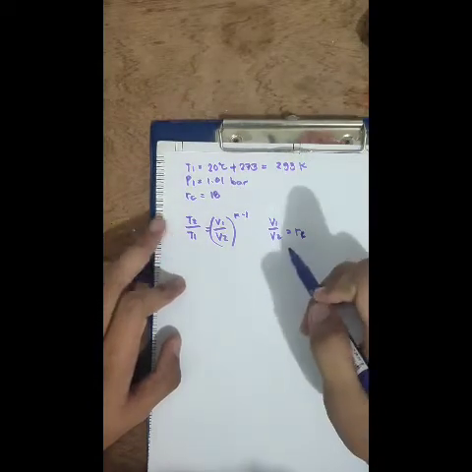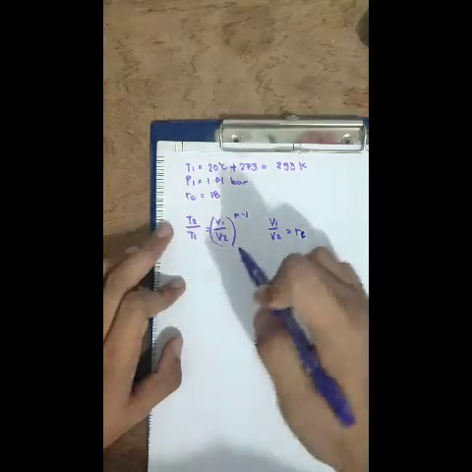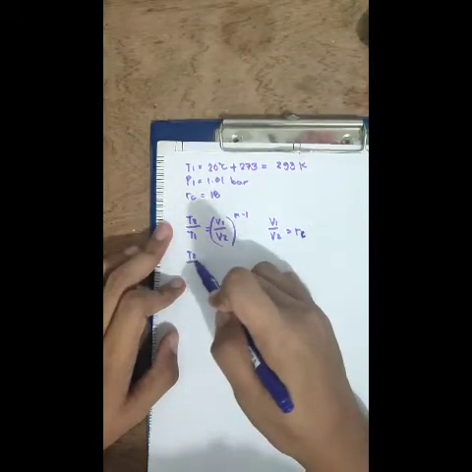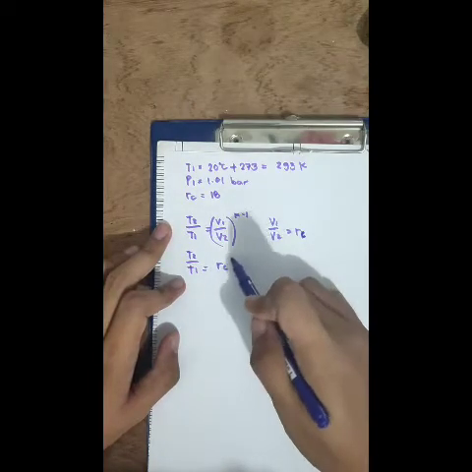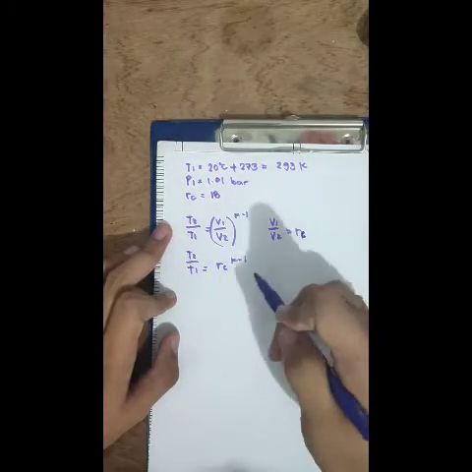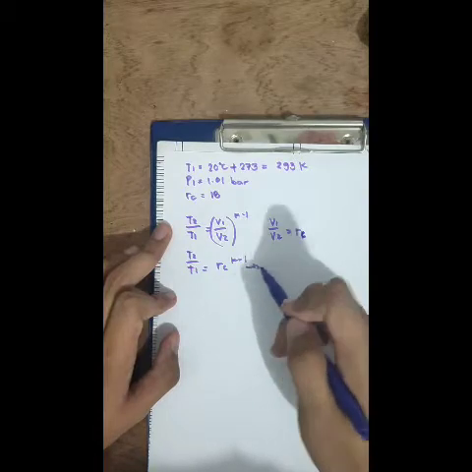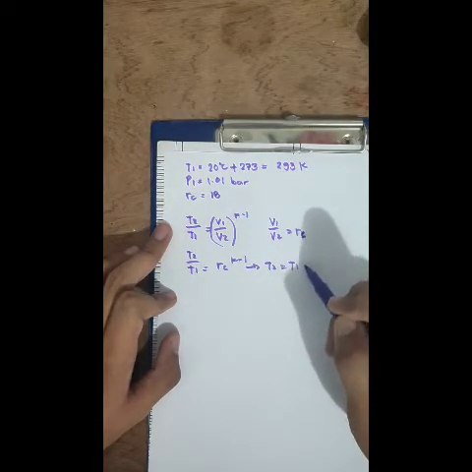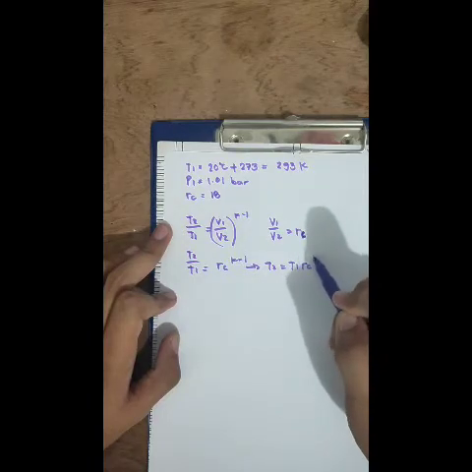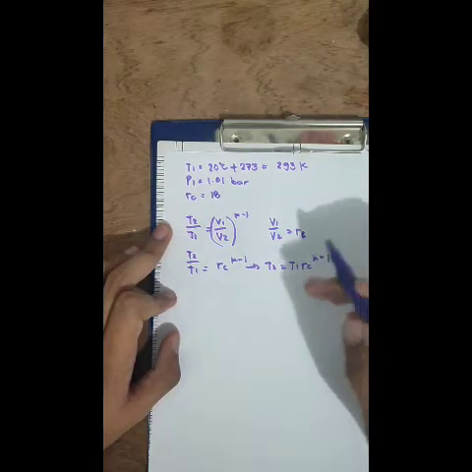So we can derive this formula into T2 over T1 is equal to RC raised to K minus 1. So from this formula, T2 is equal to T1 RC raised to K minus 1.